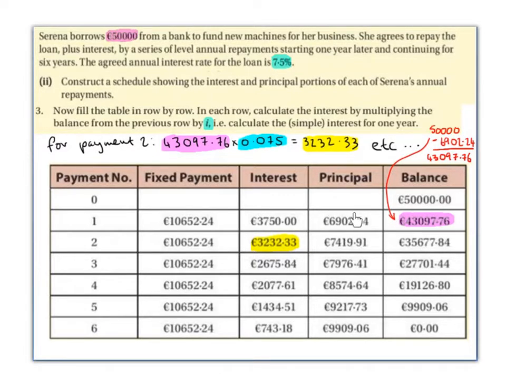And we got the principal because we subtracted the interest from the fixed payment. So €43,097.76 multiplied by 0.075 gives us €3,232.33. So that's the new interest amount.